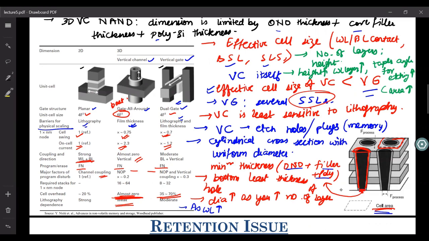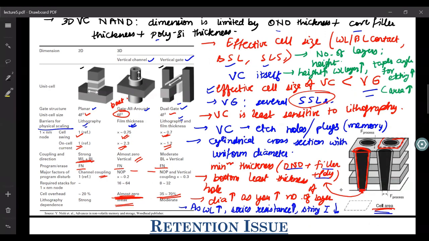So as you increase the number of WL layers, your series resistance increases, and because of that your string current reduces. If your string current is pretty low, then it becomes very difficult for the sense amplifier to identify between two different states, right? That is the reason why you cannot incessantly increase the number of WL layers in any 3D NAND flash.